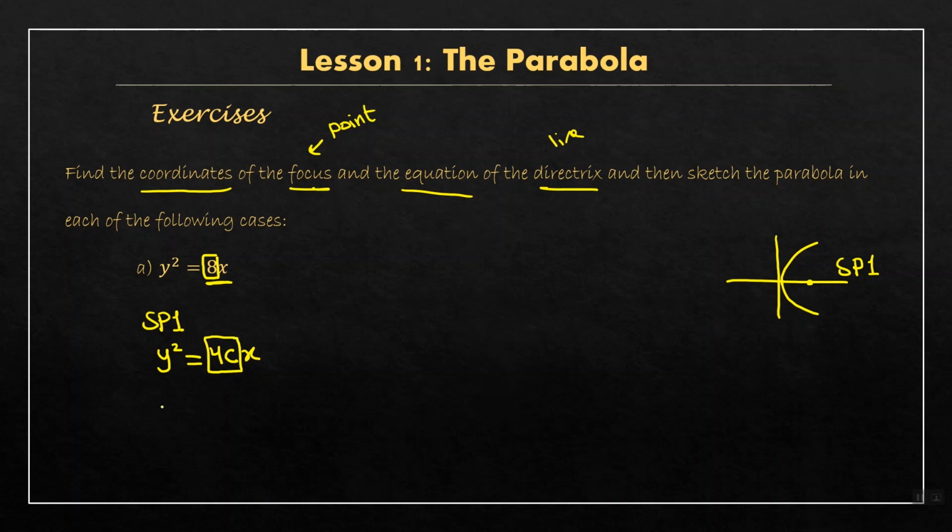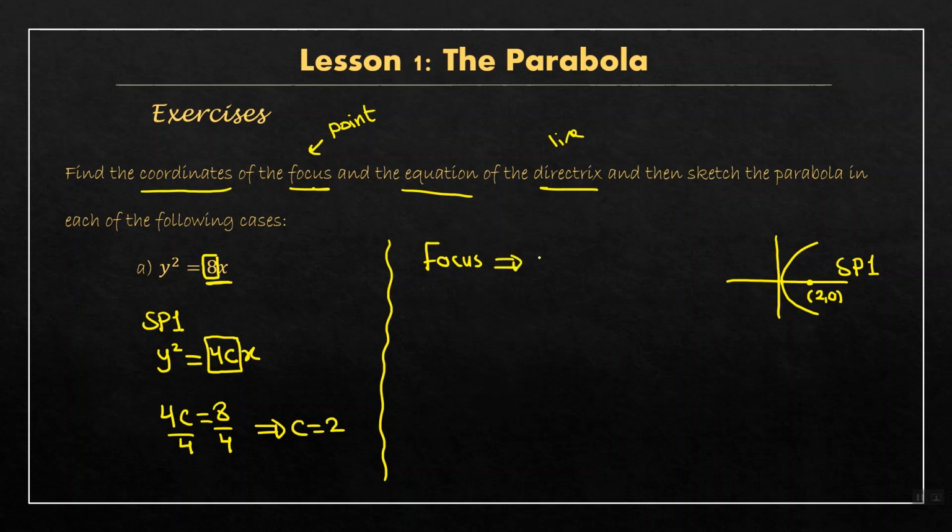Dividing by 4, then c is equal to 2. Okay, if c is equal to 2, the focus is right here. It should be something comma 0, so it's going to be (c, 0). So the focus is going to be (2, 0).